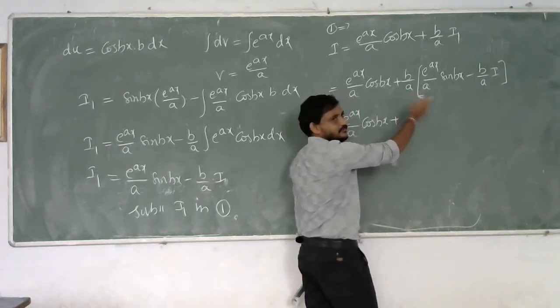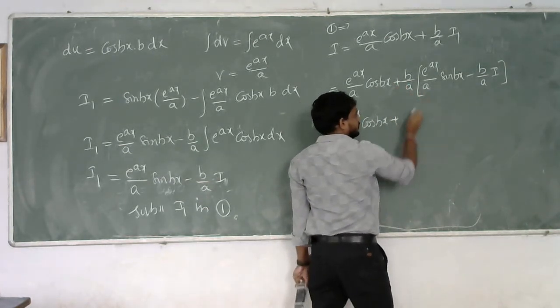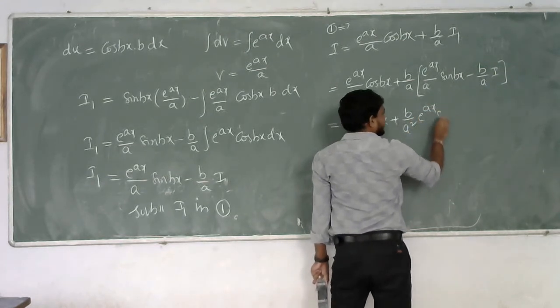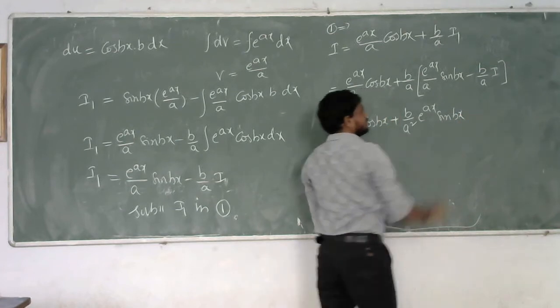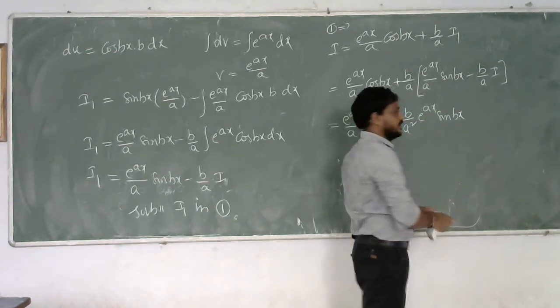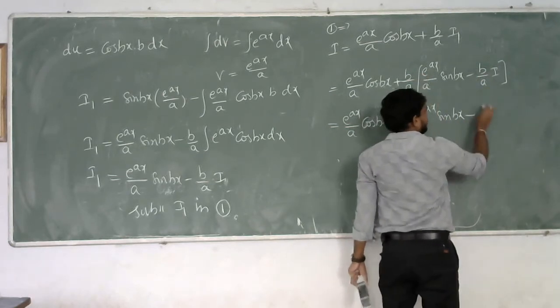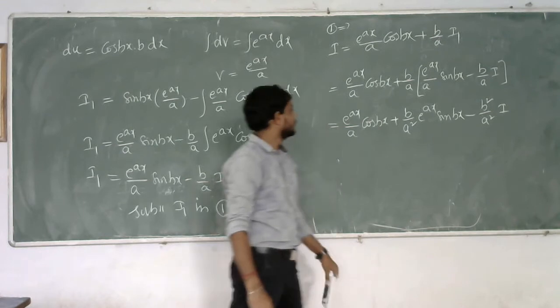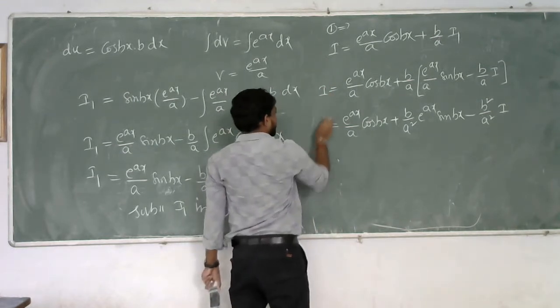A in the denominator we have a, so a becomes a square. So b by a square into e power of ax sin bx. Then b by a into second term, plus minus b by a into b by a, b square by a square into I. Here which value is I value.